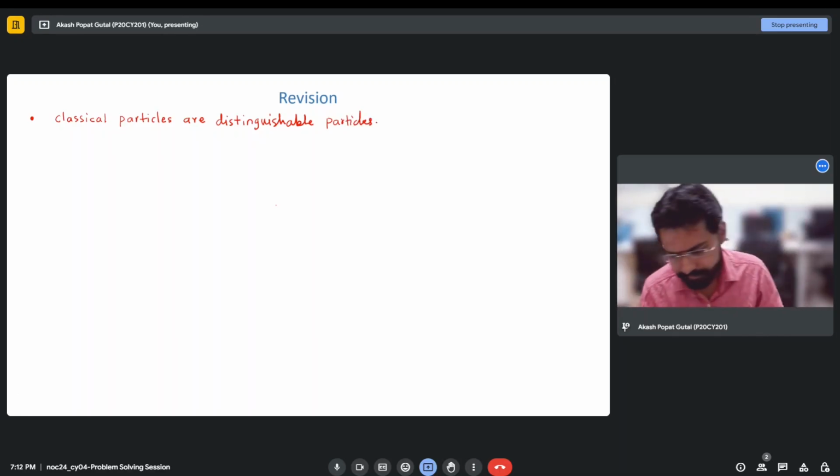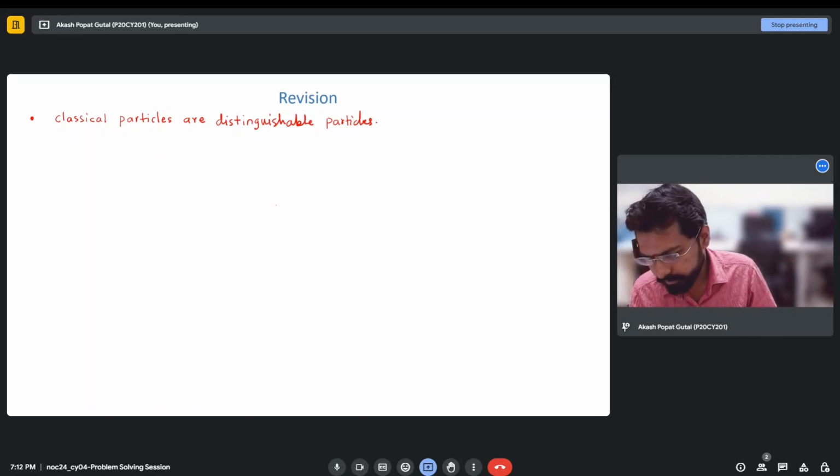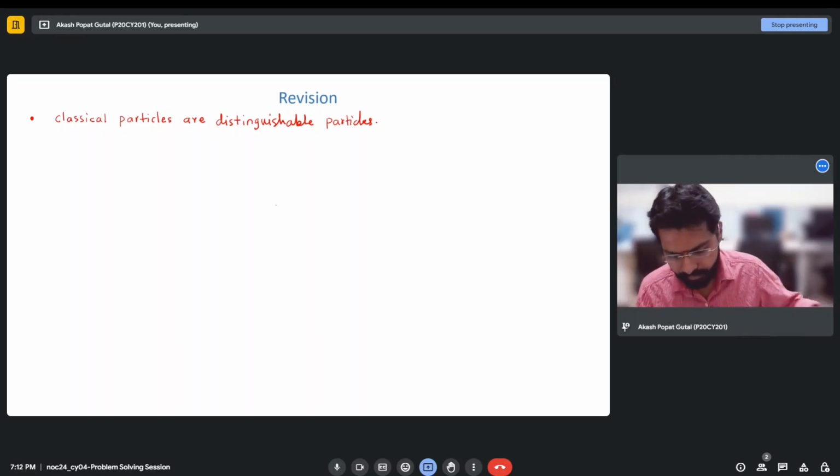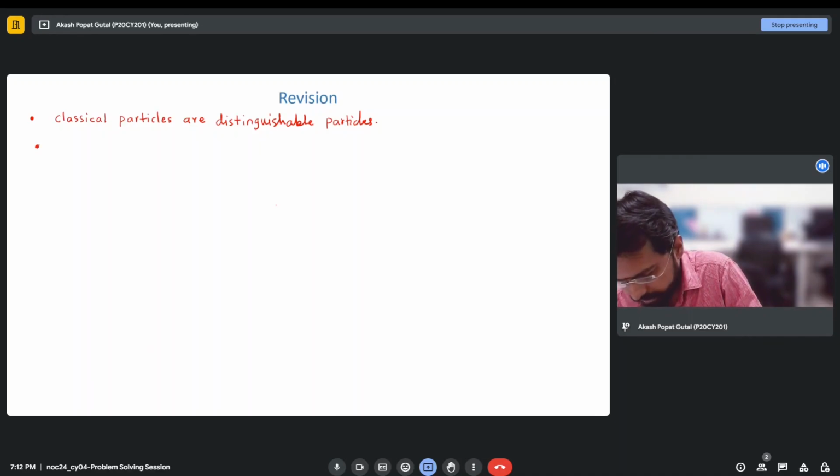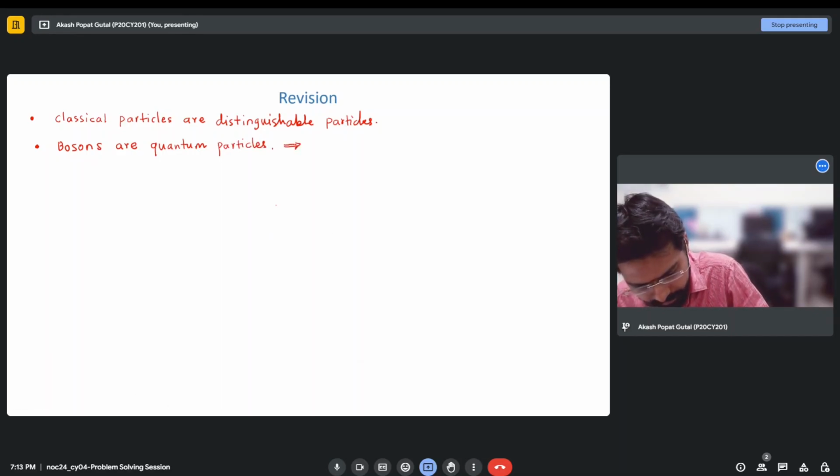And what we have seen is the bosons are quantum particles, and they are indistinguishable.